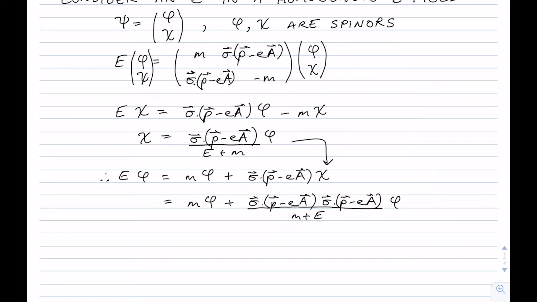And now I'm going to take the non-relativistic limit. E is approximately equal to M. And that means that M minus E I would write as approximately equal to minus epsilon, where epsilon is like the non-relativistic energy without the rest mass.